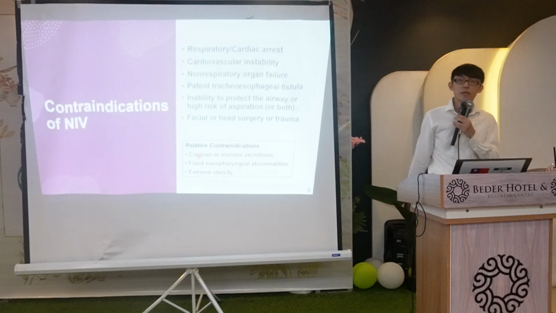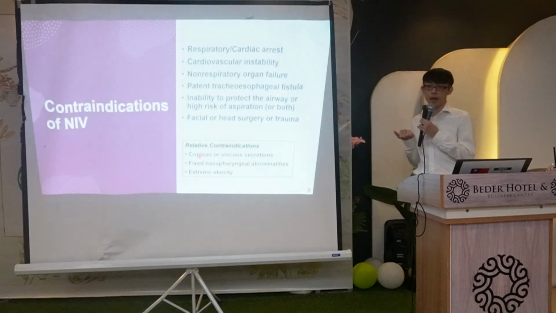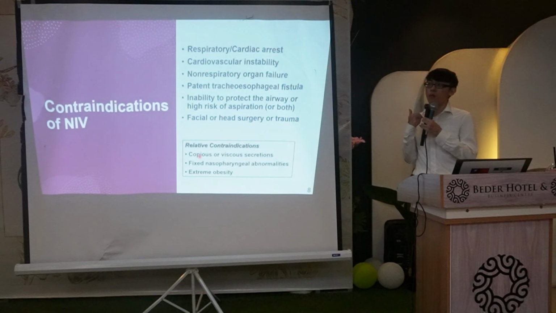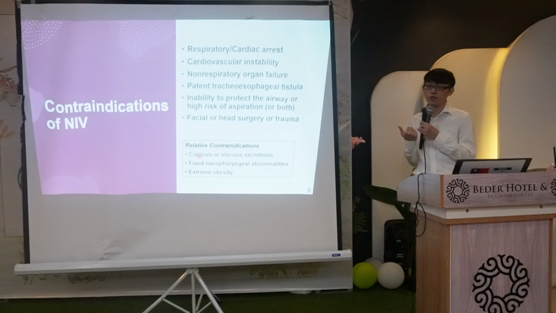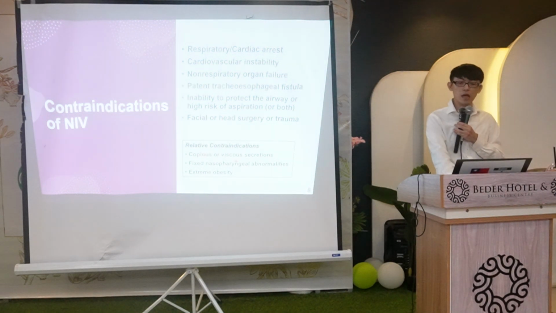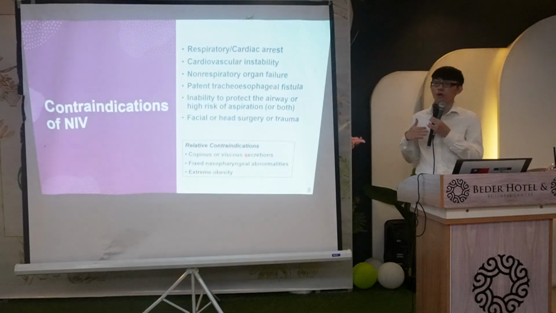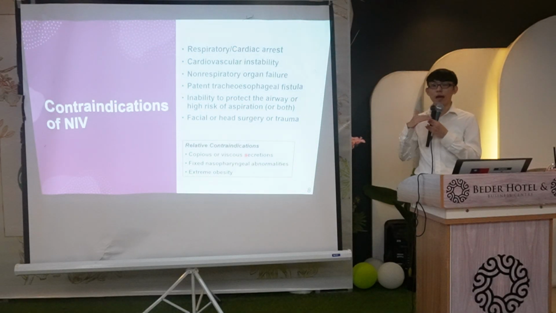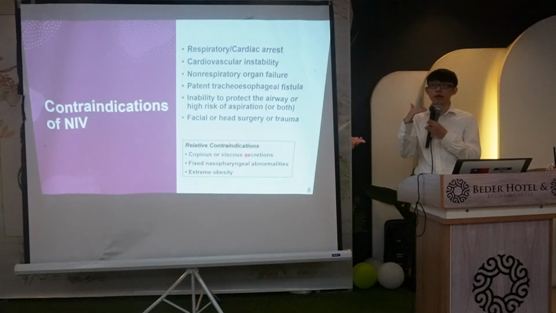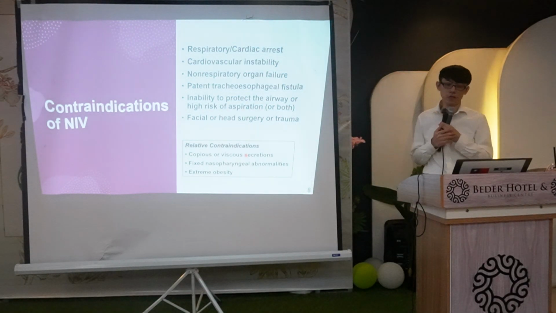Relative contraindication means that the patient can still use BiPAP, but you need to give more intensive care to this patient. For example, if the patient has a lot of sputum, you need to suction often.